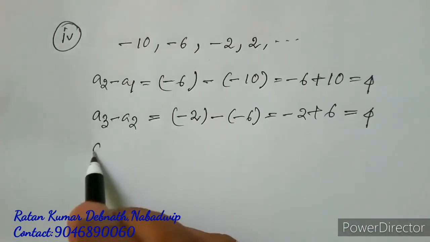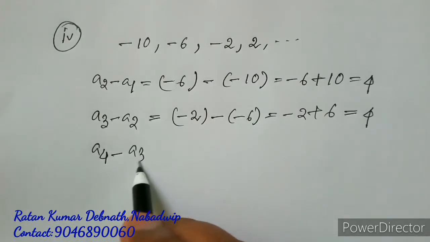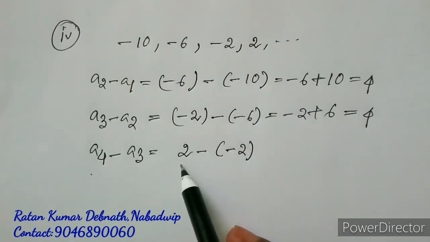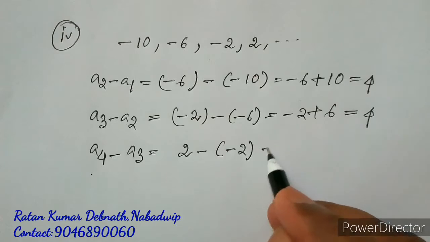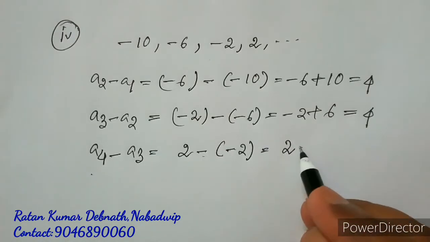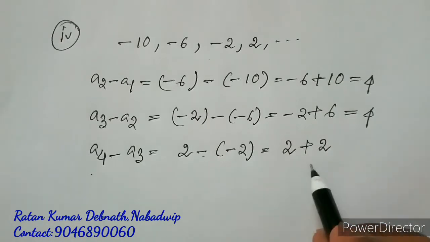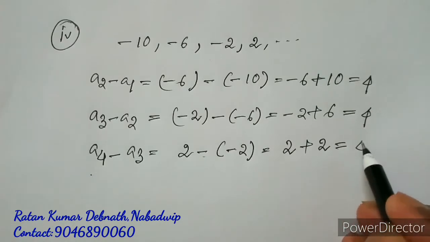Now a4 minus a3 means fourth term, 2, minus of third term, -2, that is 2 plus 2, results in 4.